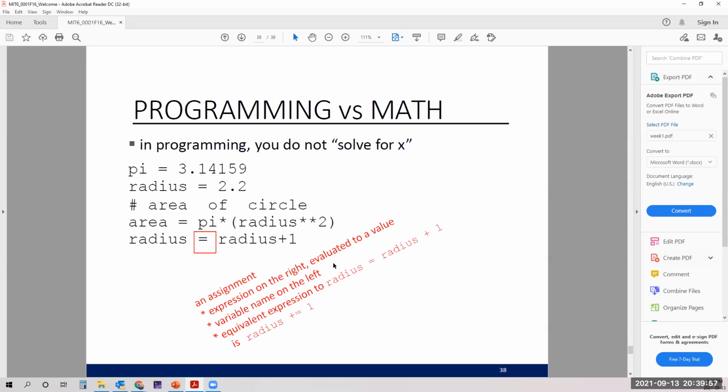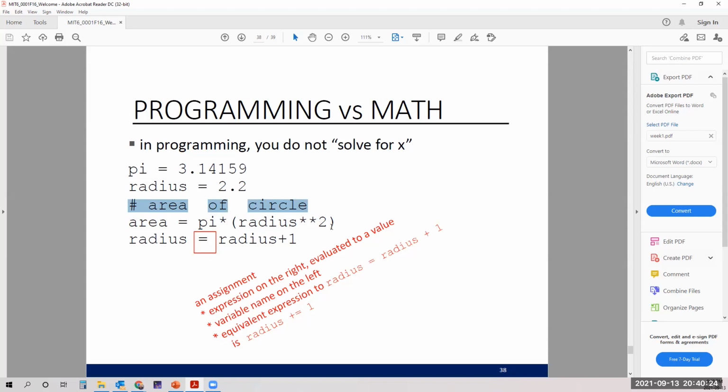Programming versus math. In programming, you do not solve for x. Pi equals, radius equals 2.2, area of a circle. This is a comment. So here I'm saying that the following line of code will find the area of a circle.